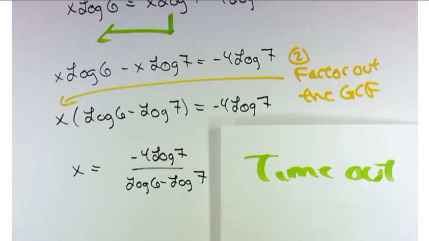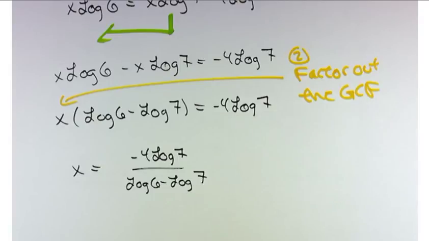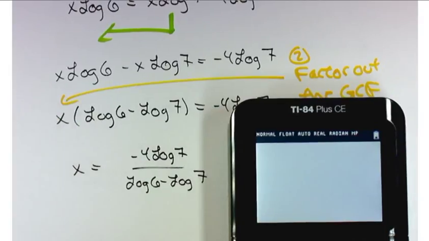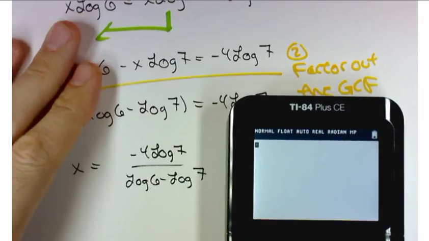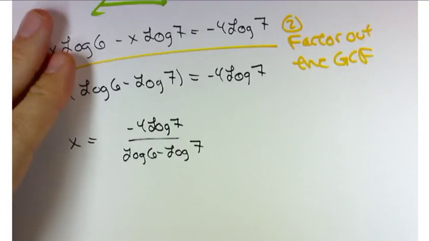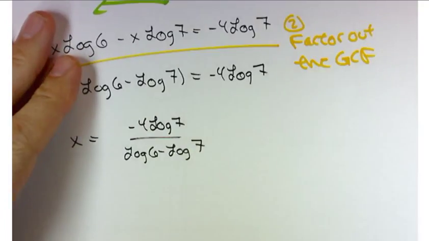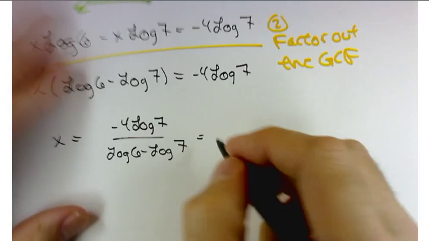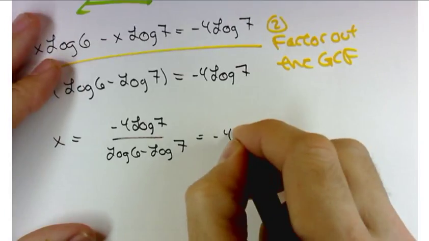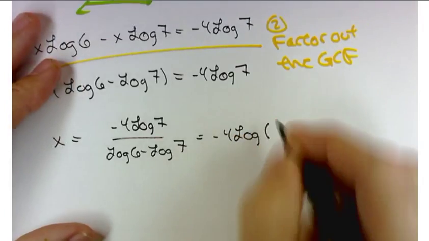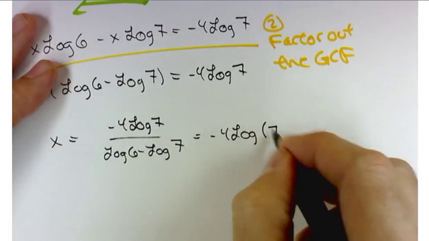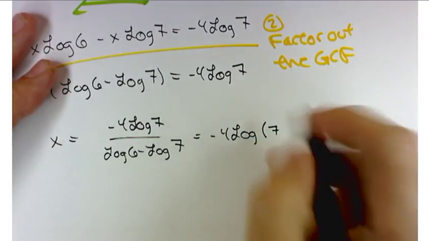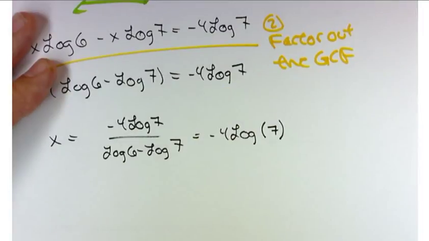All right. So let's see who's right. Now, if you don't have that fancy math print, what you would have to do to enter this in your calculator is type in negative 4 log of 7. Now, when you type in the log, it's going to give you a left parenthesis. You have to hit a right parenthesis.